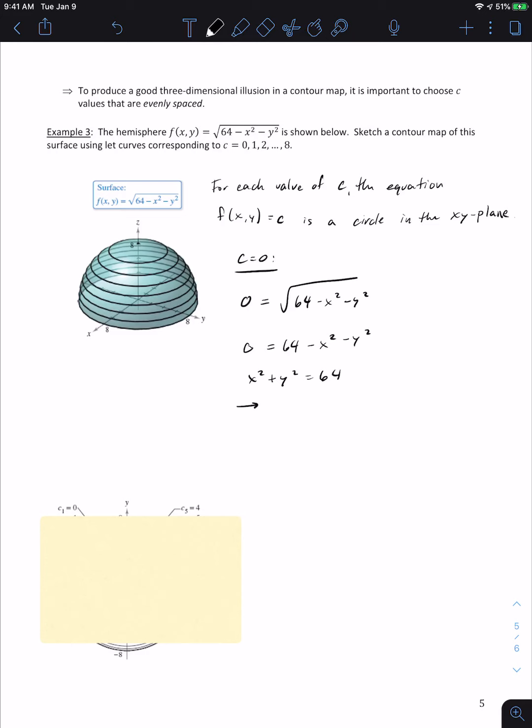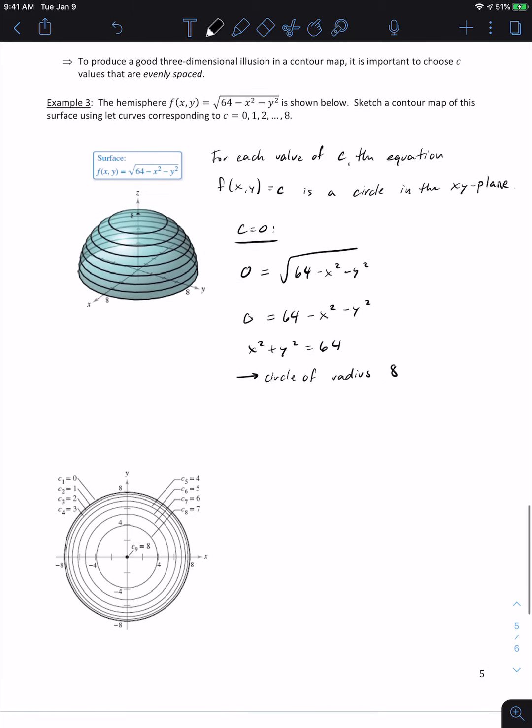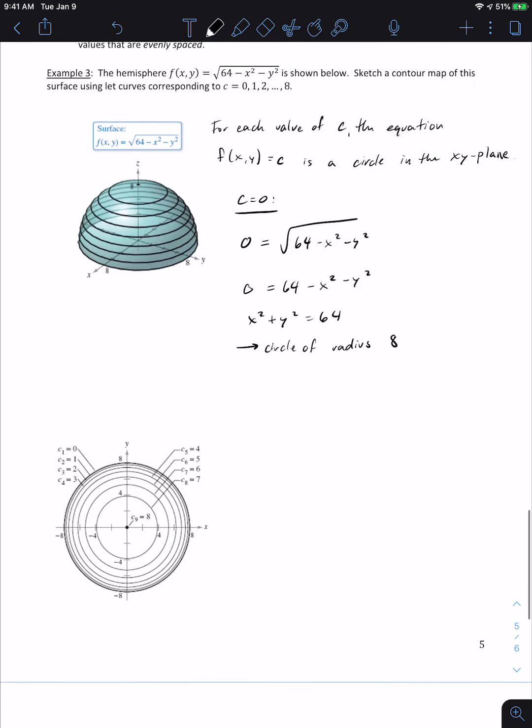And what is that shape? That shape is a circle of radius 8, right? And it's centered at the origin, right? So that would be the first contour line that I draw. And fortunately for us, we have this nice picture, because when we draw it, it would probably be a little bit brutal.